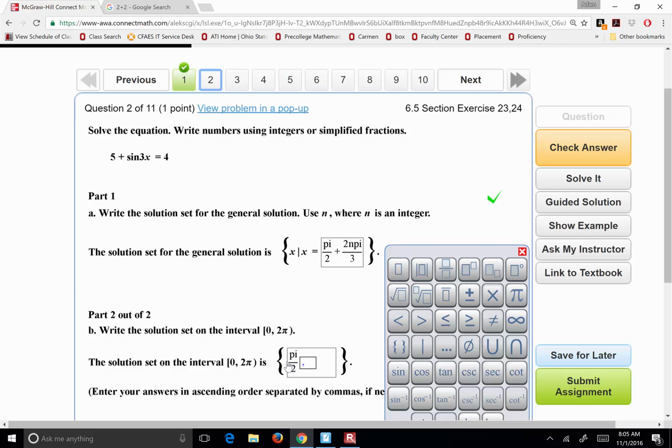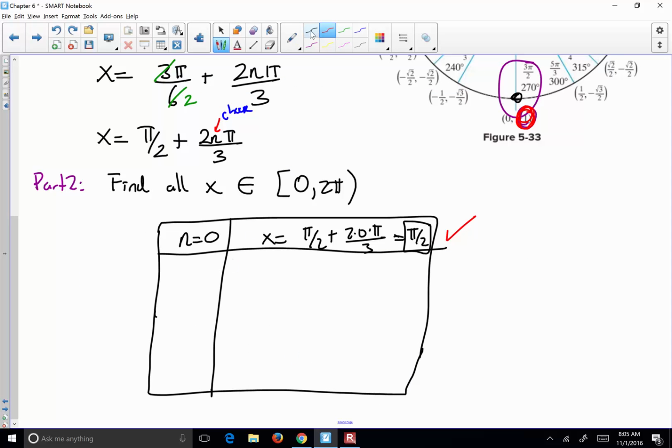Let's see if there are more. I will test n equals 1. So I will get pi over 2 plus 2 pi over 3. Set the common denominators, multiply this one by 3 and this one by 2 and add. This is 7 pi over 6. Is 7 pi over 6 between 0 and 360?